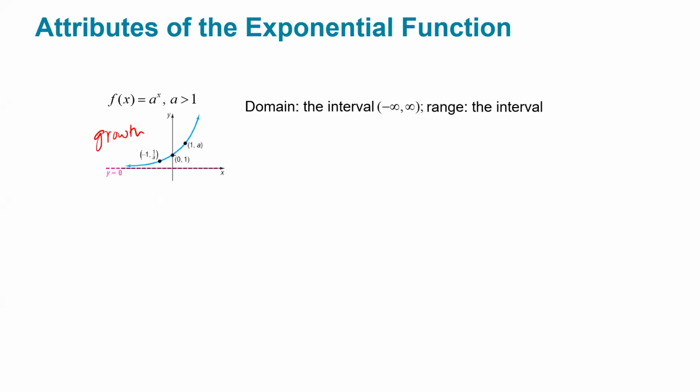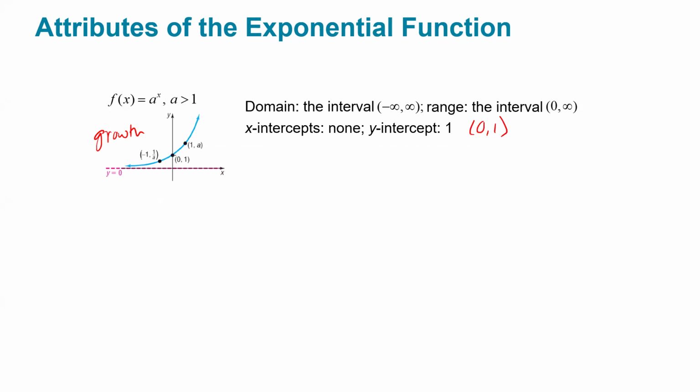It has a boundary line at 0, right? It does not go below 0. So our range, which is from bottom to top, starts at 0 and continues to infinity. Okay. Because we never get to 0, we have no x-intercept, and we only have one y-intercept at 1. So our y-intercept is at (0, 1).